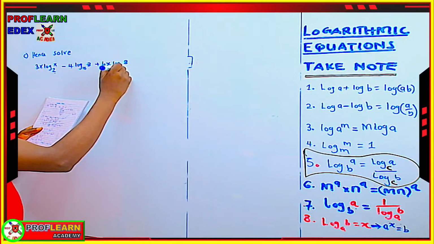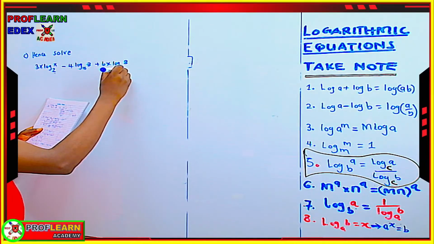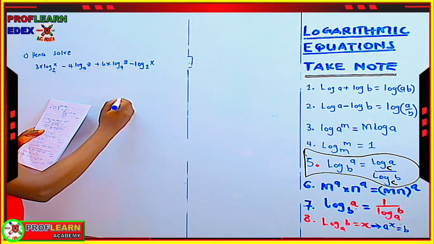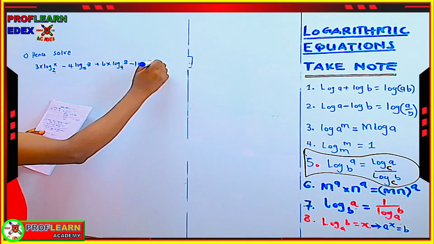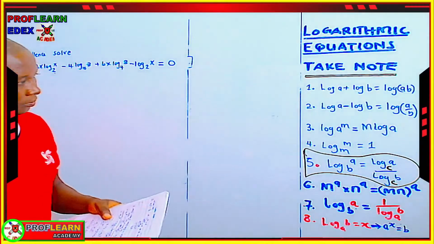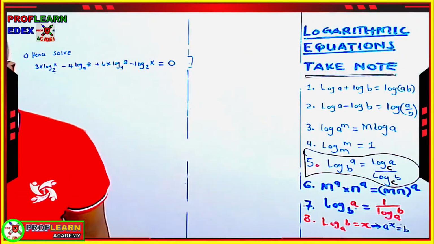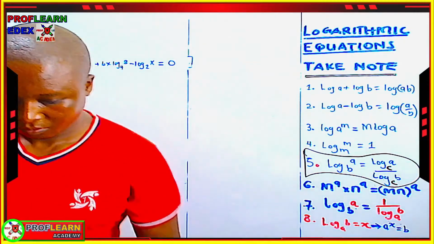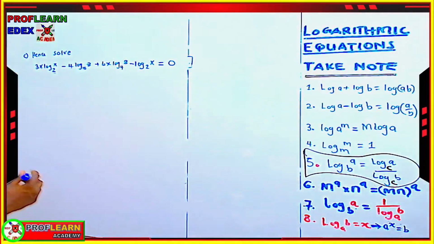If you're having log a power m, the power m can be written in front of the log. So in that way, this can be written in the form of 3x minus 1 log 8x base 2 is equal to 0. We can use that approach there.